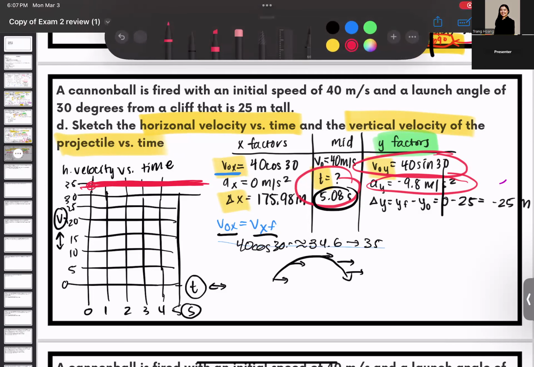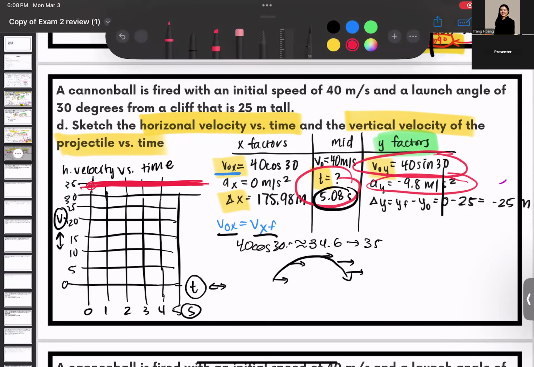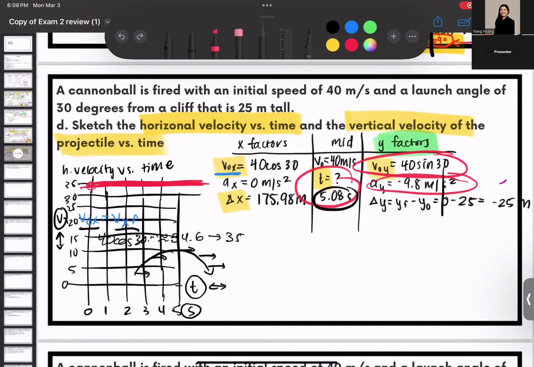Oh my gosh, I just realized they want the horizontal velocity versus time and the vertical velocity versus time. Dang, this is hard. It's not hard, it's just so busy. There's so much to be done. So I'm going to move this and make it smaller.